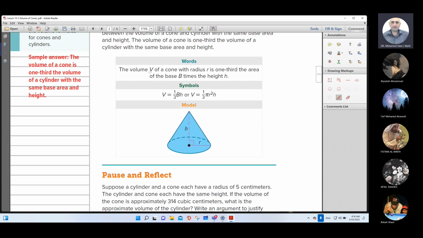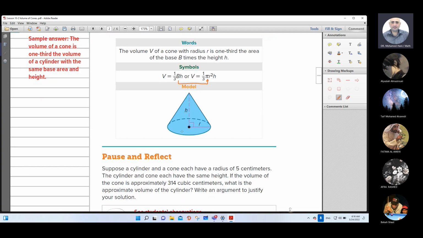So the volume V of a cone is 1/3 the area of the base B times the height H. So the rule will be V equals 1/3 times B times H, or V equals 1/3, as you remember, the area of the circle is pi R squared, times H.